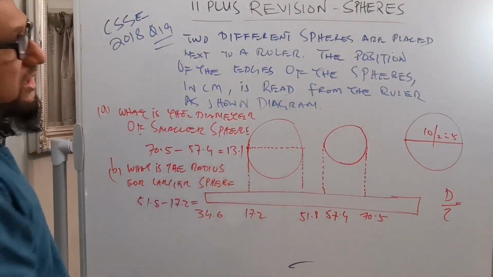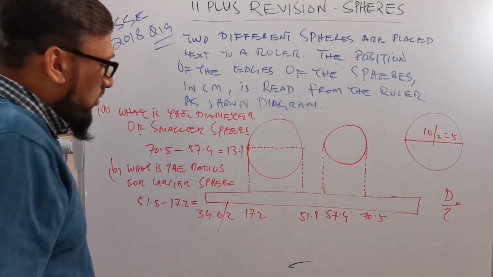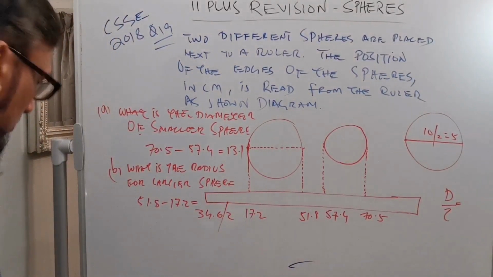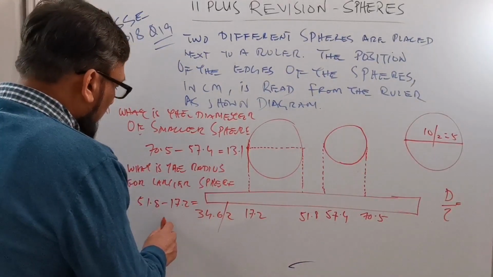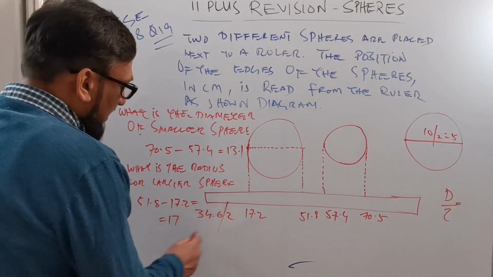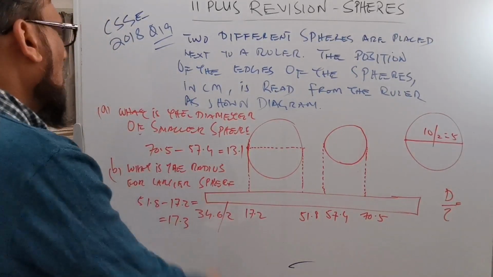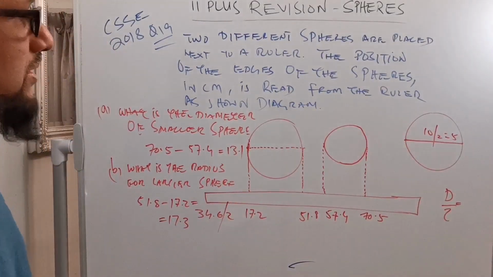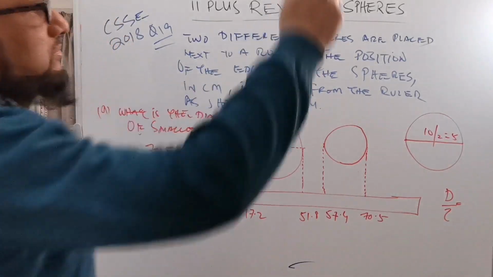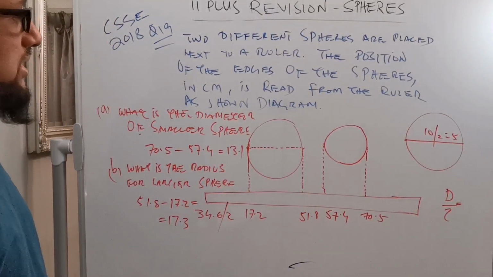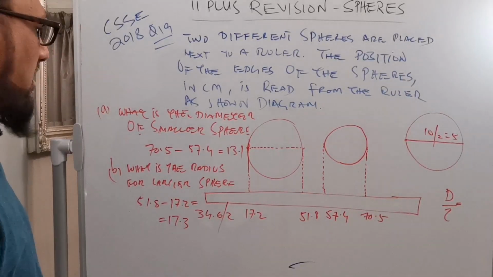But the examiner is asking about the radius, so we divide by 2: half of 34 is 17, and half of 6 is 3, giving 17.3. Don't be afraid of the picture or the long question. Simply read the instruction and make the answer.